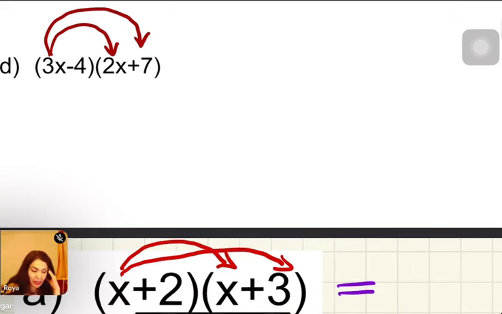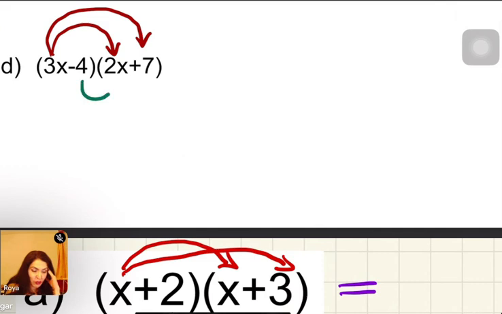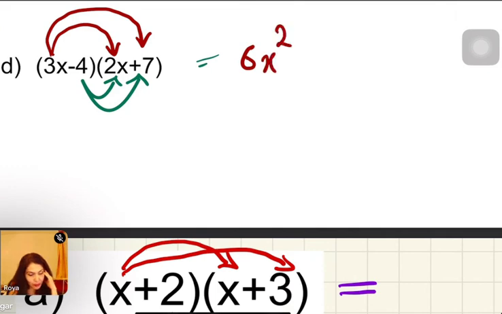And then we have the second term, negative 4 times 2x and negative 4 times 7. So 3x times 2x: 3 times 2 is 6, x times x is x to the power of 2. 3x times 7, 3 times 7 is 21. 21x.